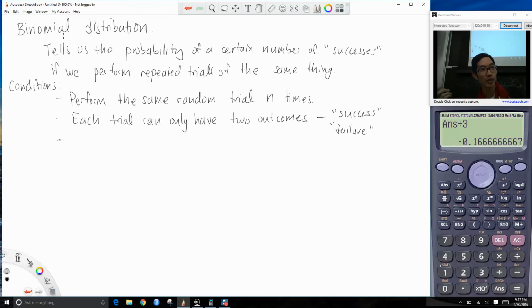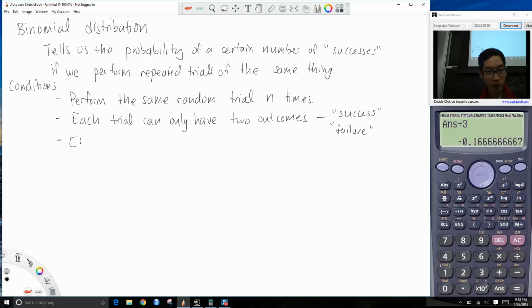So with things like gender, life might be more complicated than just having two outcomes, but if you wanted to apply the binomial distribution, you have to say there's only two outcomes, okay? And that might mean grouping things together, but that's just the way the binomial distribution works, okay?